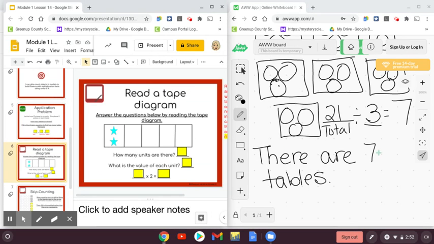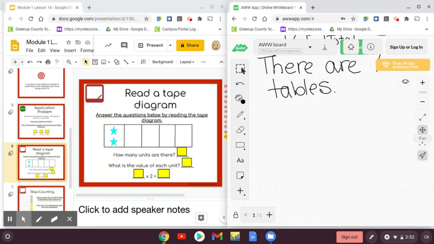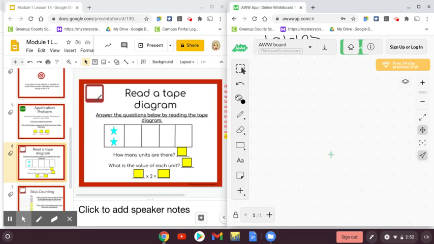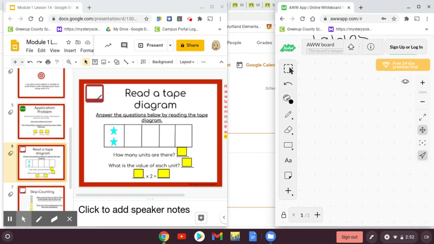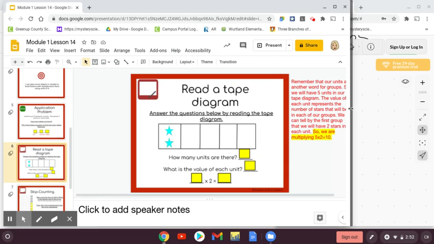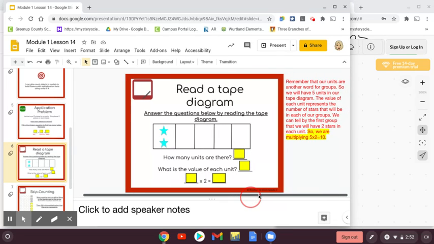We're going to be reading a tape diagram. So if we look at our text in the red there that explains everything to you, I'm just going to scooch it over so you can read it. It says, remember that our units are another word for groups. So when it asks how many units there are, it's just asking you how many groups.